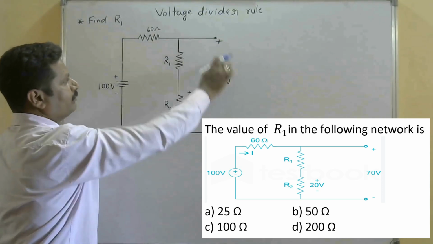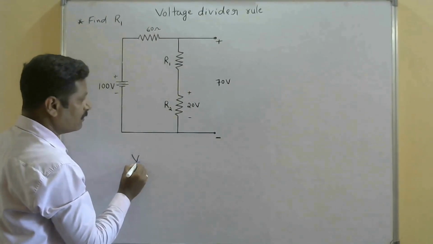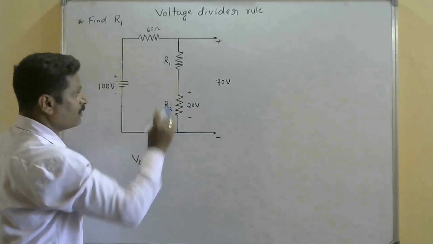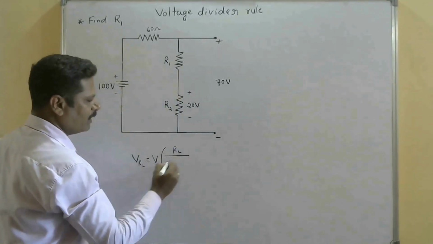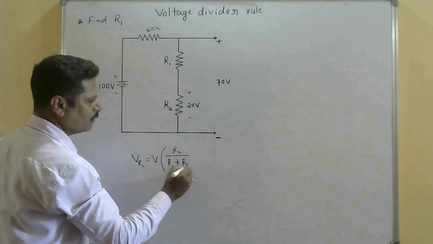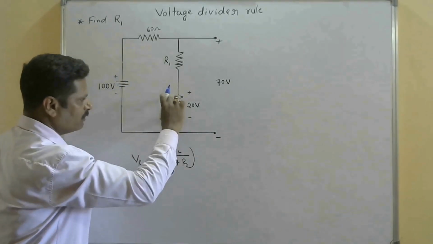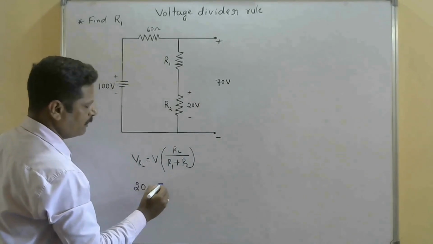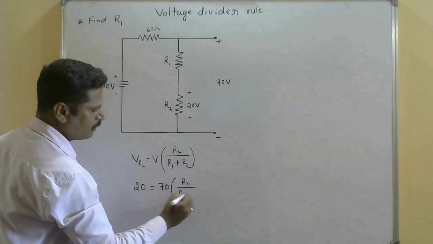The voltage across R2 is equal to the total voltage applied across this combination times R2 divided by R1 plus R2. By substituting, VR2, the voltage drop across this R2, is 20 volt, and V equals 70, and here R2 by R1 plus R2.